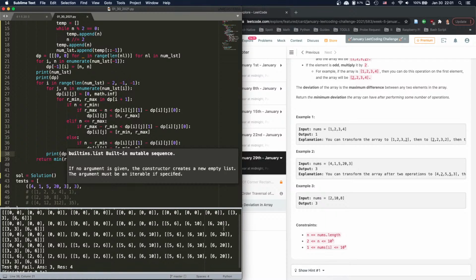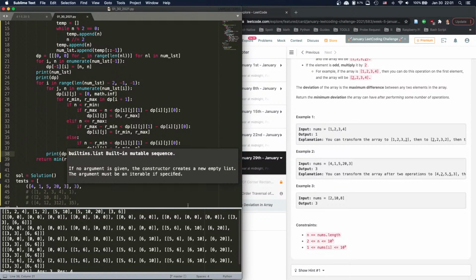And then after the first round, second round, it will be 3, 5 and 5, 6. 10 will be 3, 10, 6, 10, and this is going to be 6, 20. That's correct. The next one will be 5, 10.